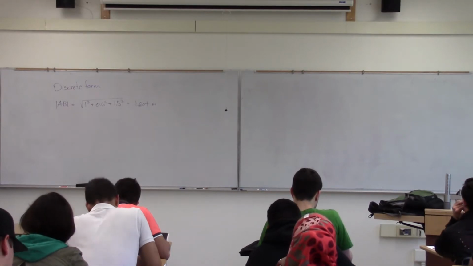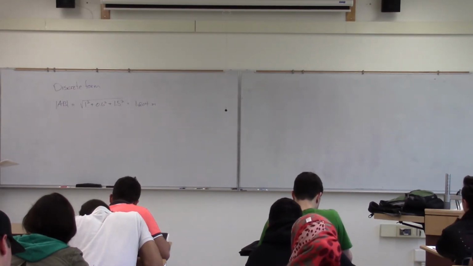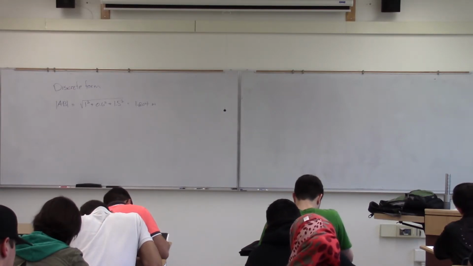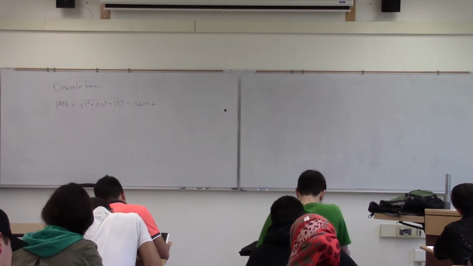We'll just use the Pythagorean theorem for the three edges: square them, sum them, and then take the square root. And what we find then is a length of 1.84.